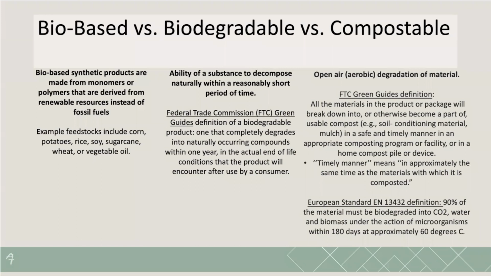And then compostable is open air degradation of material, typically in an industrial composting facility, though some of the confusion with this one is that it could also include a home composting facility. So what happens when you bury it in your backyard, basically, versus what happens in an optimized industrial composting facility.